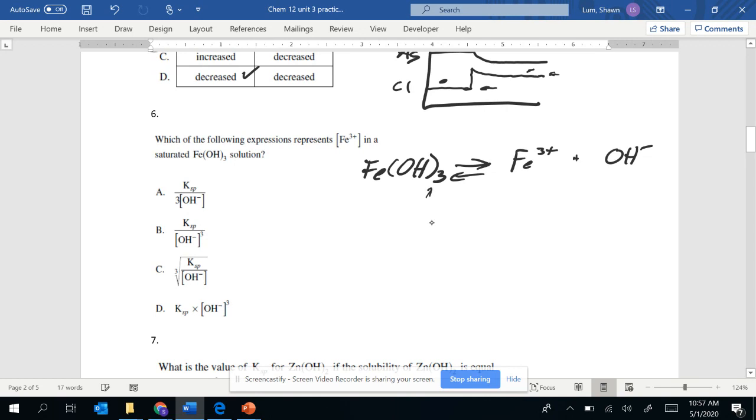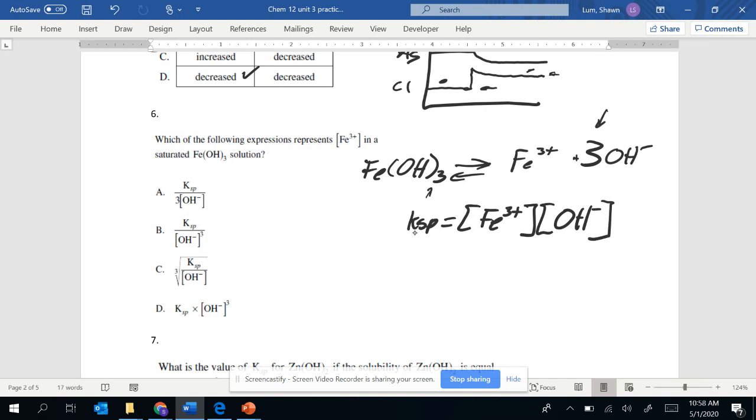There's a 3 right there, so I need to put a 3 right here. So if I was to come up with a Ksp expression for this, it'd be Ksp equals the concentration of Fe3 plus times the concentration of OH minus. And since we have that 3 right there, we need to put a cubed at that point right there.